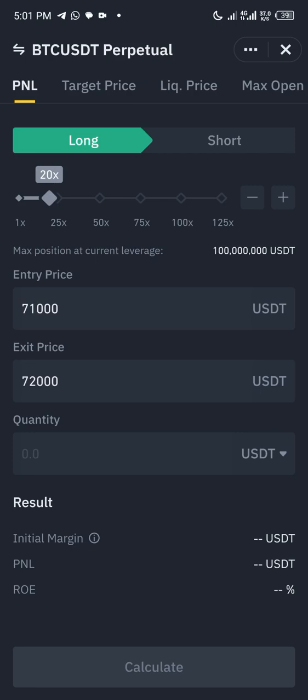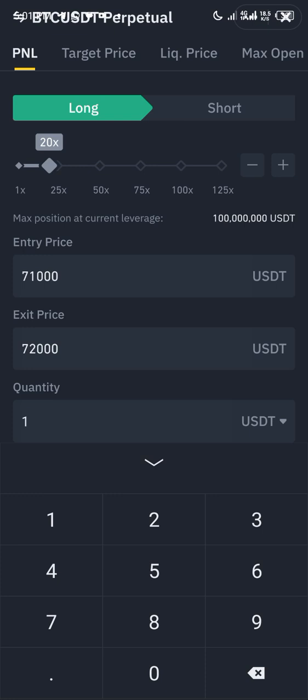Let's say I want to enter this trade using just $1. That $1 is not something I will write here. No, I will not input that $1 here. I will have to input $20. The reason why I'm inputting $20 is that I'm using 20x leverage, and this 20x leverage is allowing me to borrow more than what I'm having in my wallet.